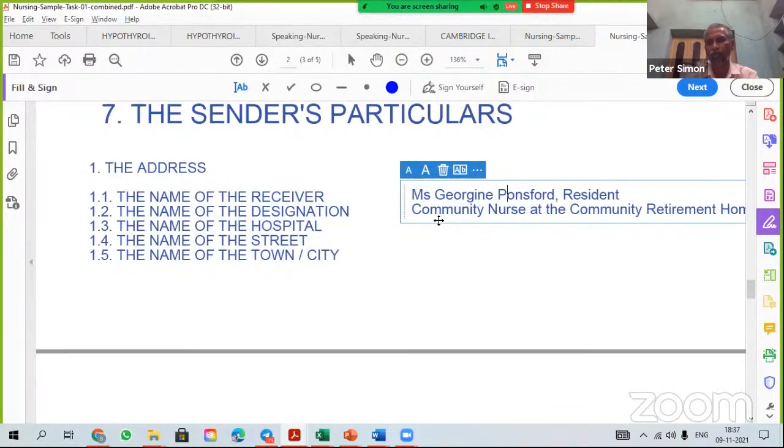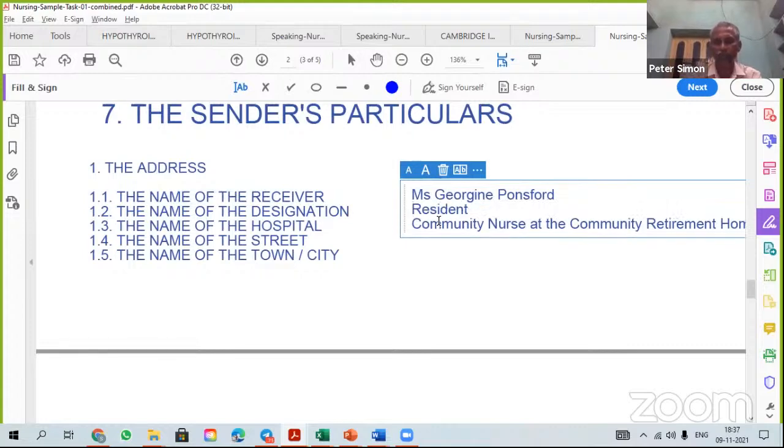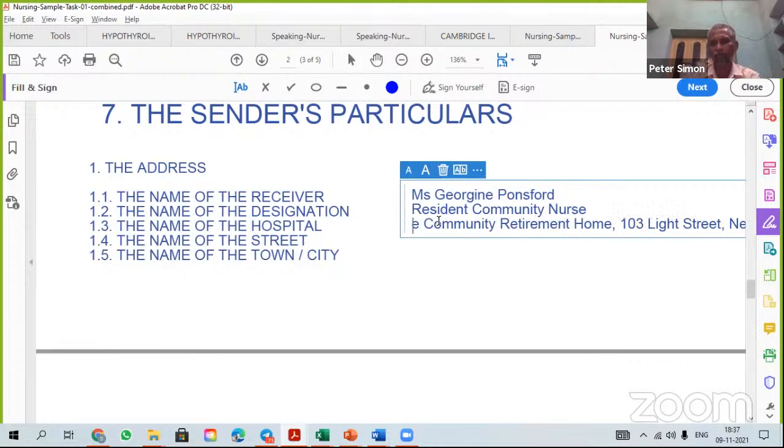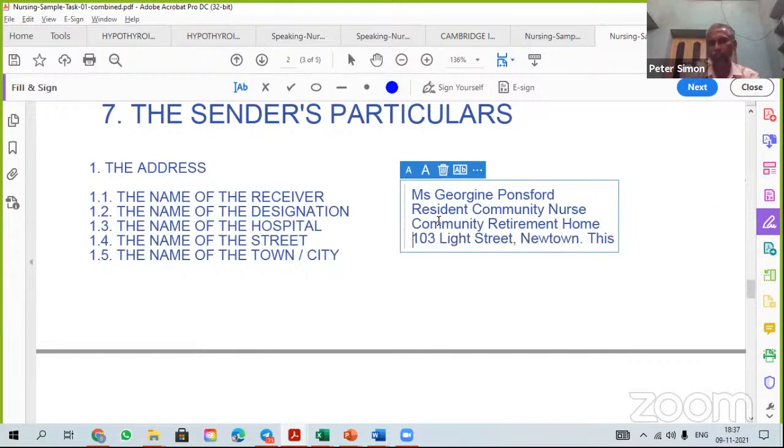Remove the comma, no need for a comma. Resident community nurse. Community retirement home. I'm simply showing how easy it is. 103 Light Street, Newtown.